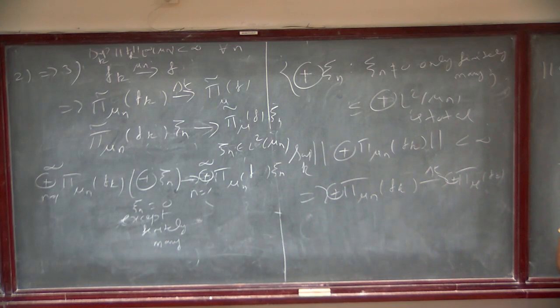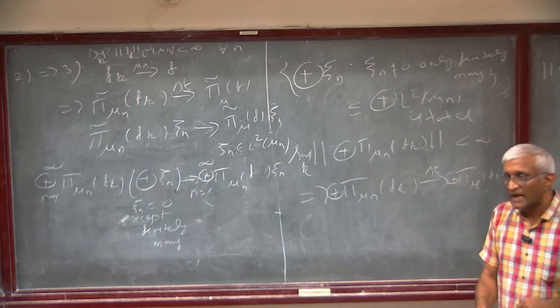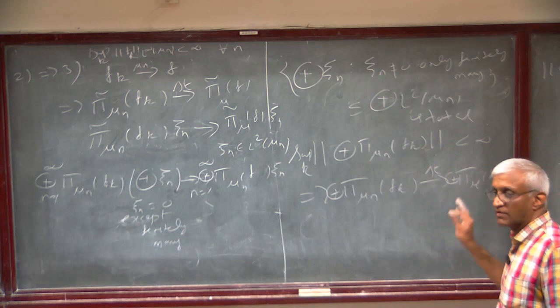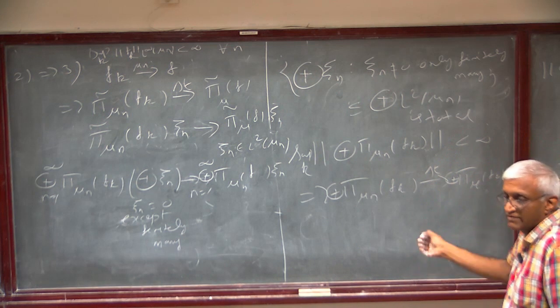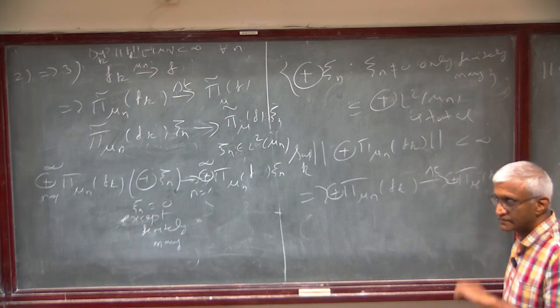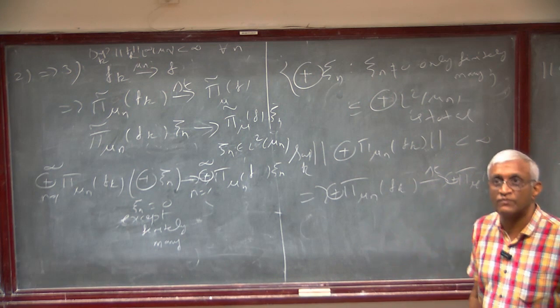The pointwise convergence happens on a total set, and this is only for sequences, of course. This will not work for nets. And the operators are uniformly bounded, then convergence is strong. So it's done.